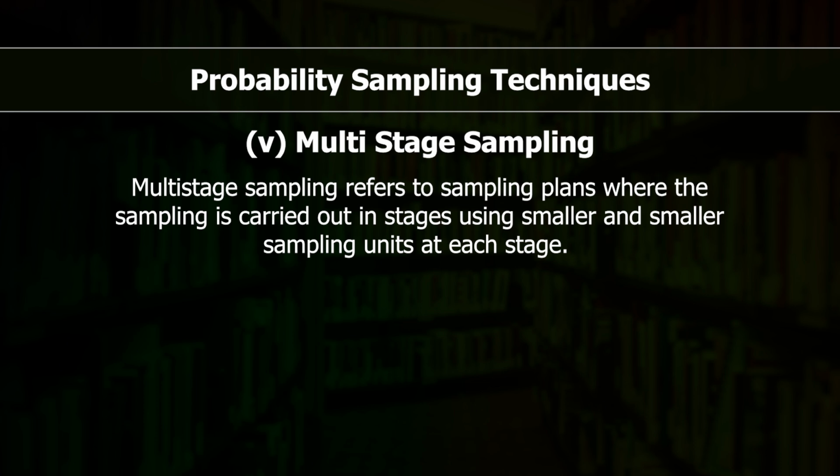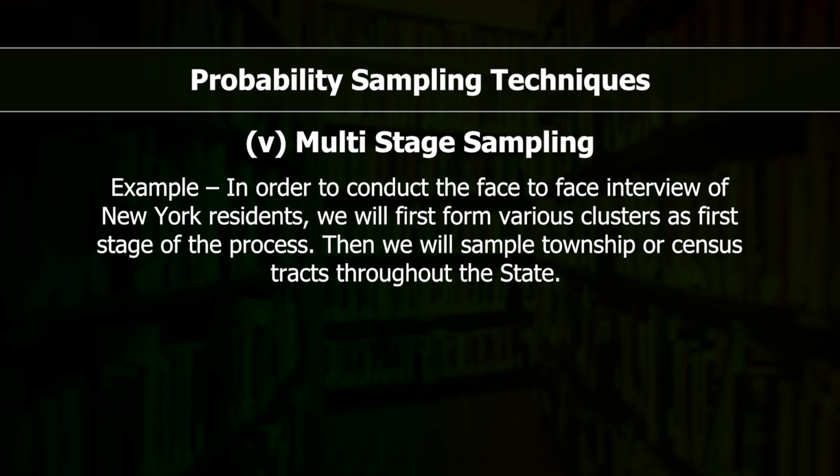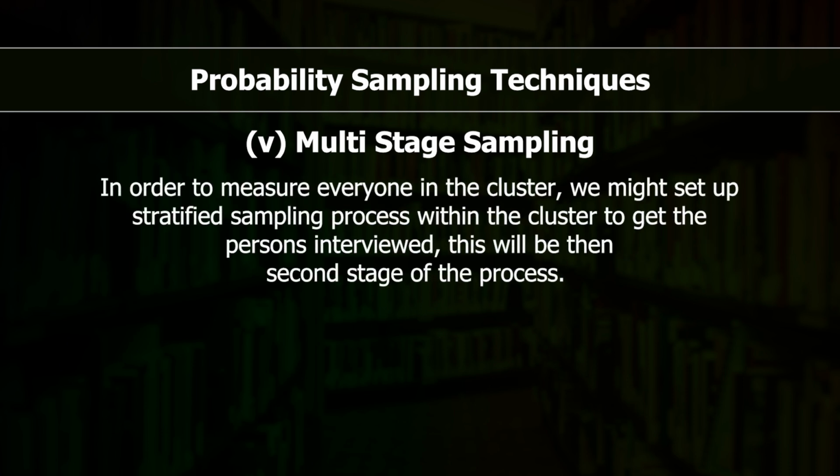For example, in order to conduct face-to-face interviews of New York residents, we will first form various clusters as the first stage of the process. Then we will sample townships or census tracts throughout the state. In order to measure everyone in the cluster, we might set up the stratified sampling process within the cluster to get the persons interviewed.